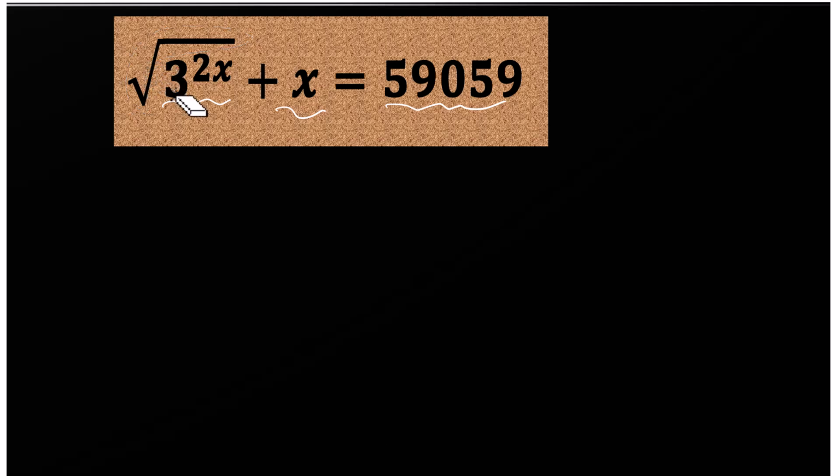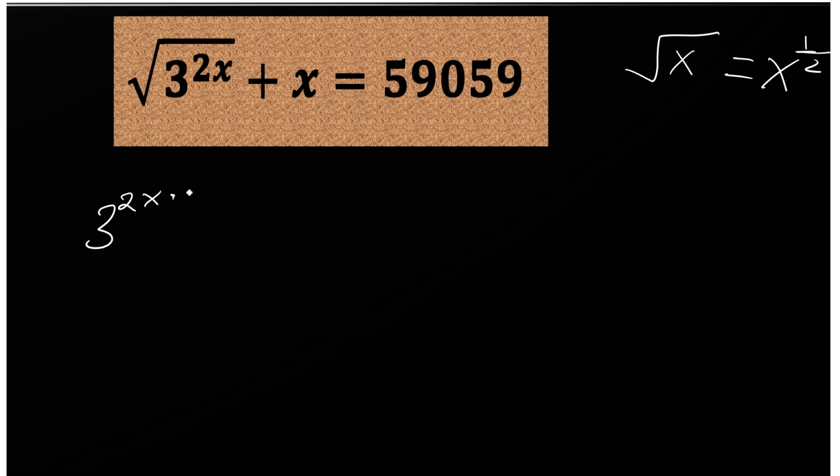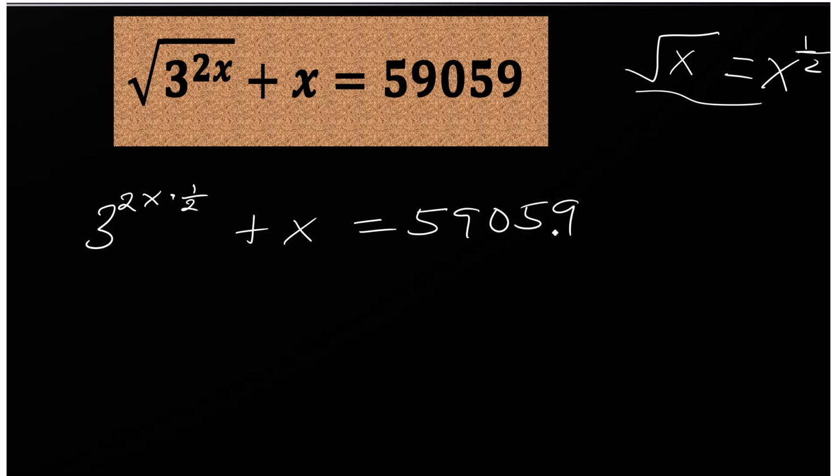Okay, now when you have a square root of x, it is the same as x to the power half. So from here I can say that 3 to the power 2x times half, when following this rule, plus x equals 59059.